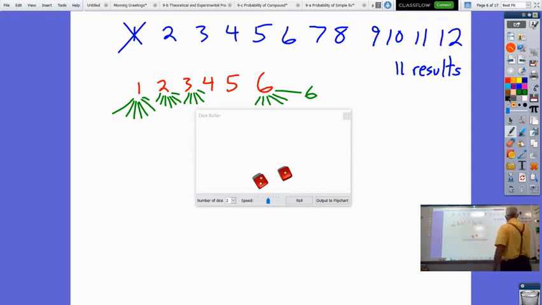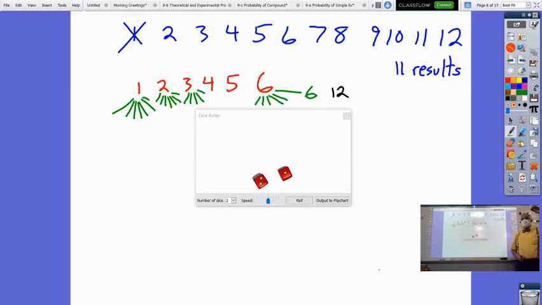How many other ways are there to get a 12 besides a 6 on the red and a 6 on the green? None. That's the only way to get a 12. There's only one chance of rolling a 12 out of how many possibilities? 36.